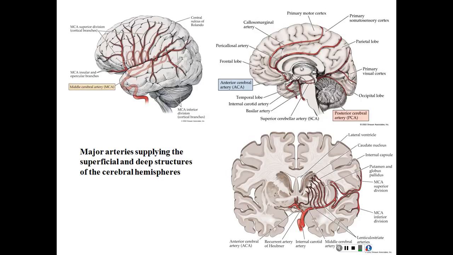Superior over the frontal and parietal lobe, and inferiorly over the temporal lobe, to provide that huge area of vascular supply that was on the chart before. And then we can see how posterior cerebral comes back here specifically for visual cortex, and anterior cerebral for the more medial aspects of the primary motor and the primary somatosensory cortices.